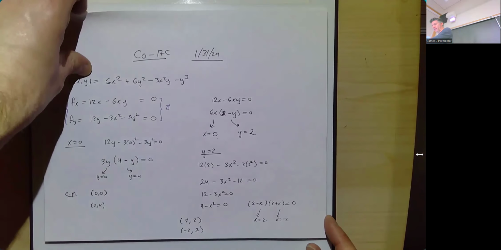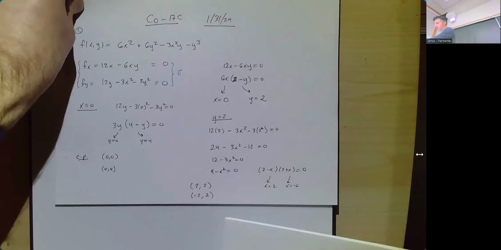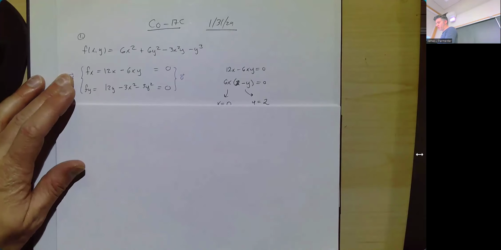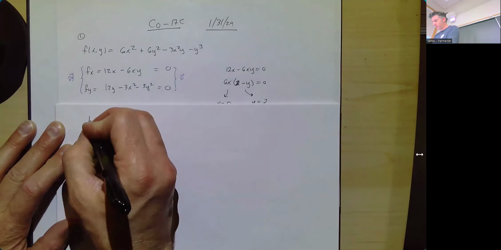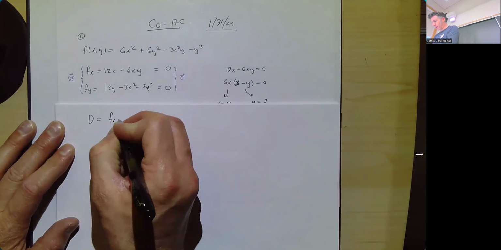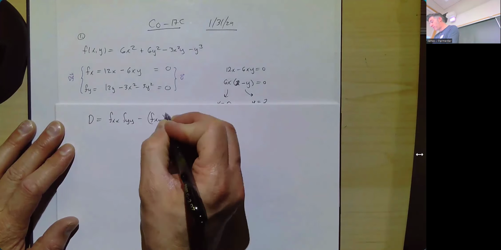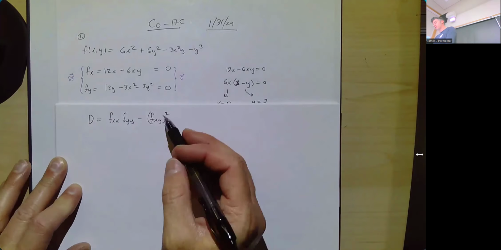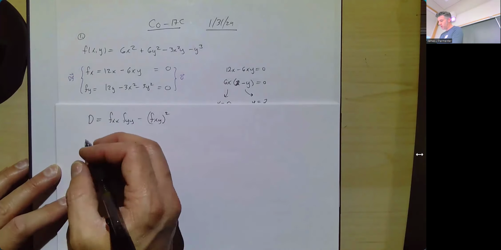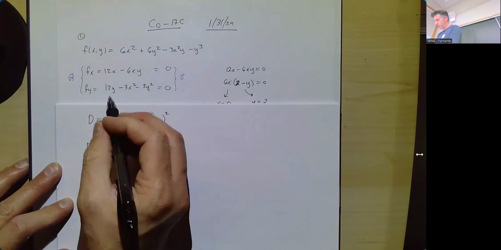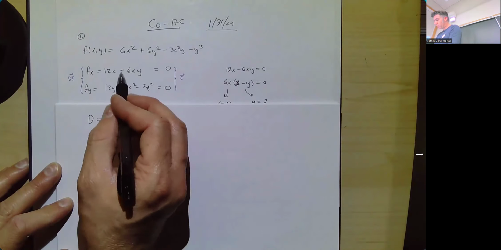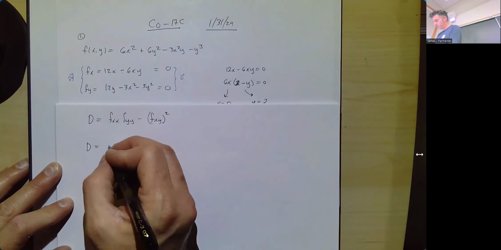To do that, we've got to find D. And to find D, I would start by looking at my partial derivatives there. D is fxx times fyy minus fxy squared. Be careful, I saw someone miss the square recently here and got the wrong value because of it. D is going to equal, so fxx is going to be 12 minus 6y.